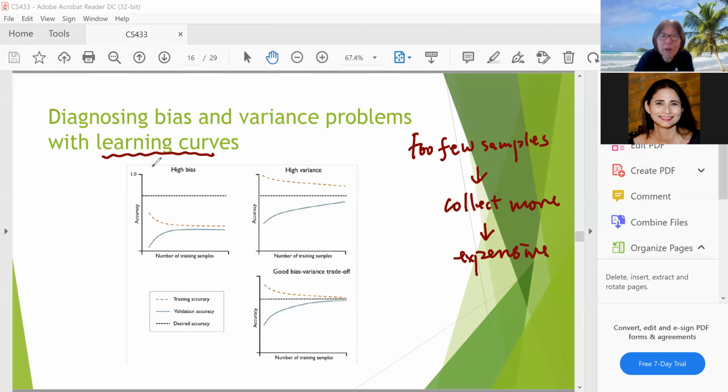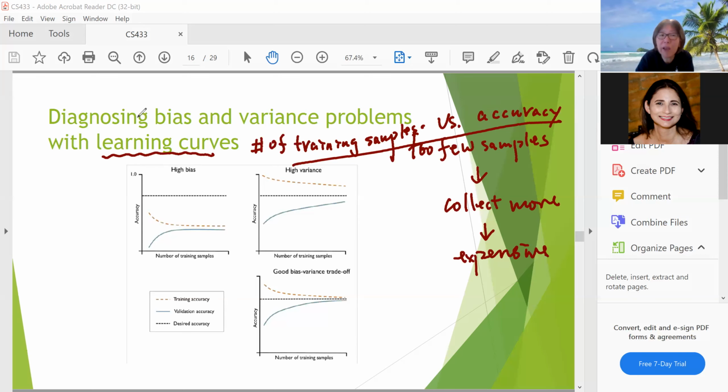So the learning curve is regarding what? The number of training samples versus the accuracy.